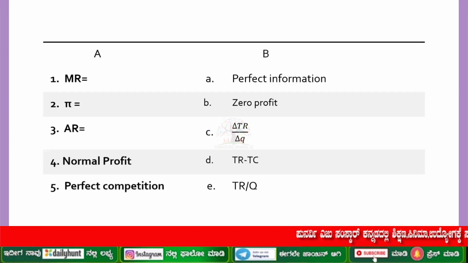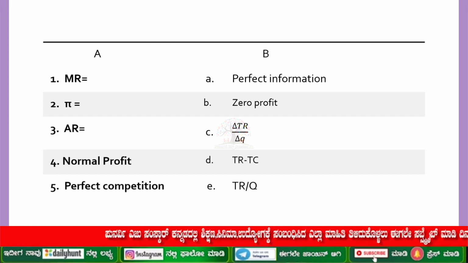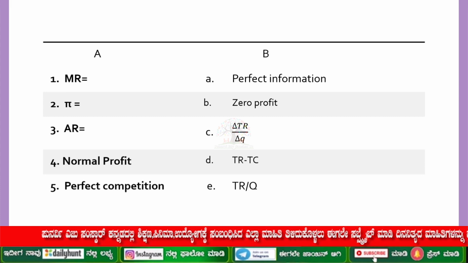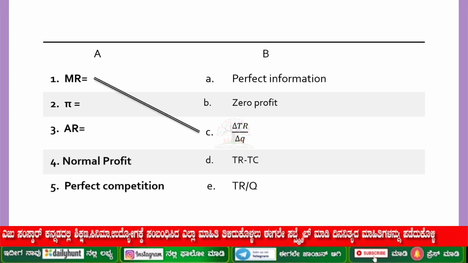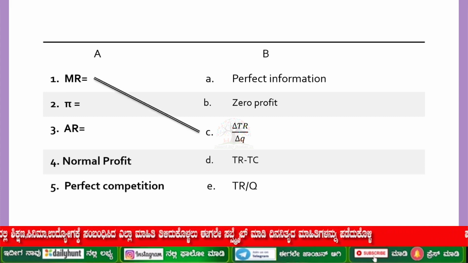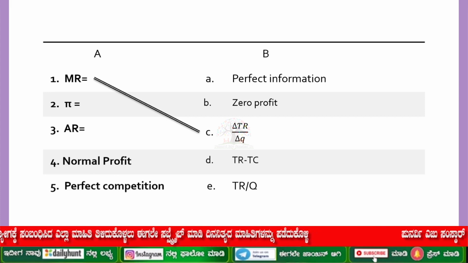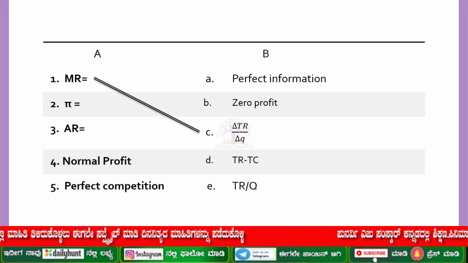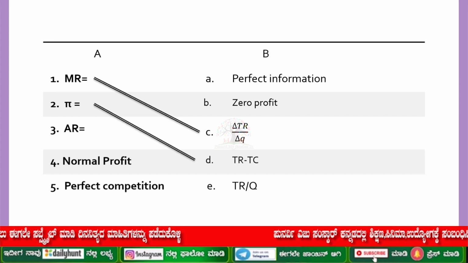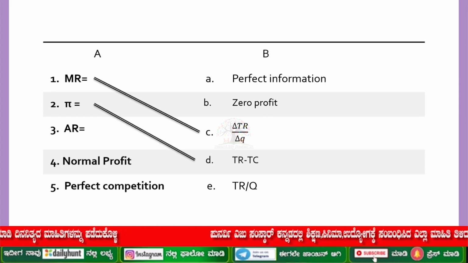One more question on match the following. MR equals delta TR divided by delta Q. Pi is denoted for profit. So profit equals TR minus TC.